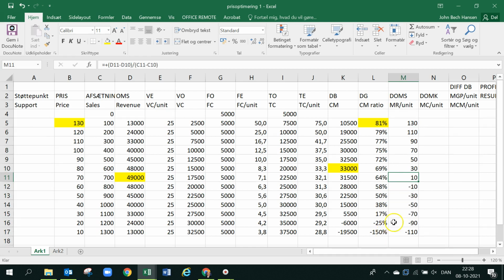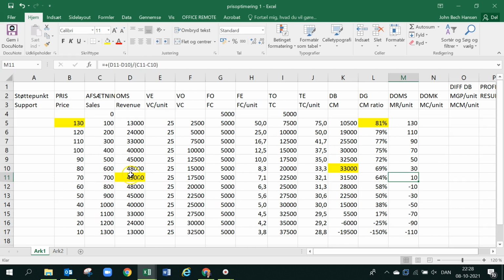And here, when I go from 80 to 70, my increase is only 10 per unit. Marginal revenue, so that's the extra revenue I get per unit when I increase my sales from 600 to 700.